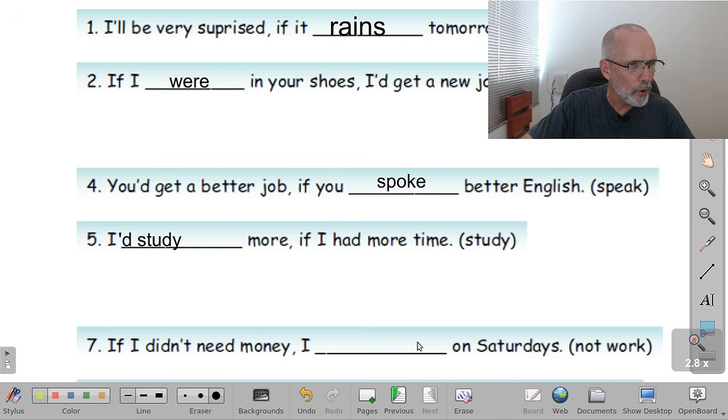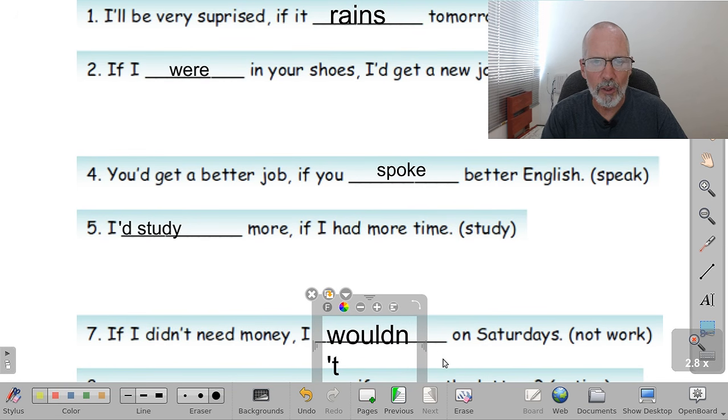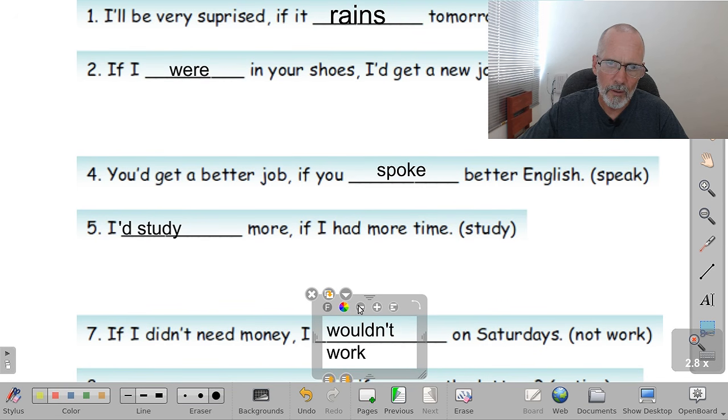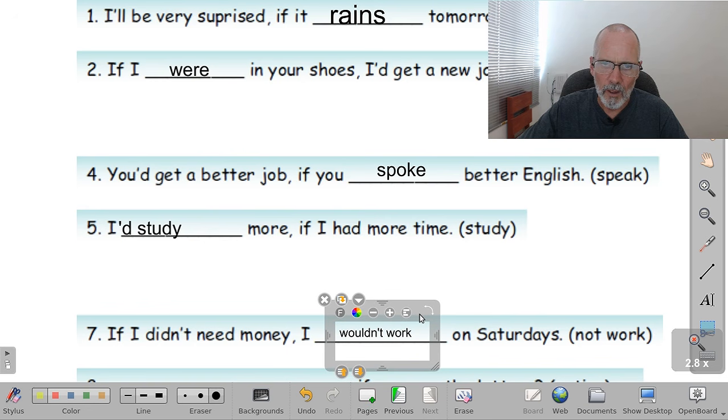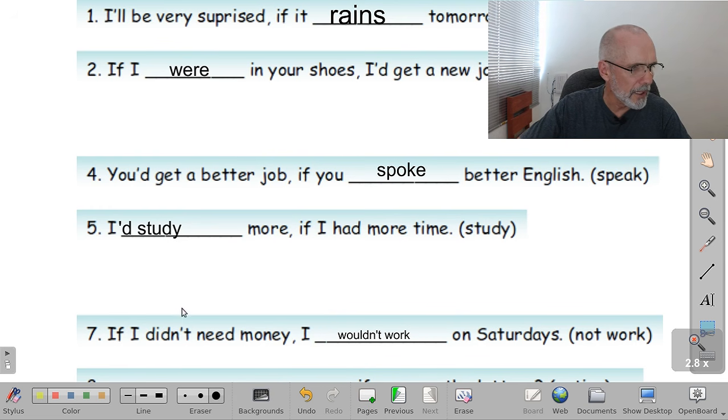Melissa says wouldn't work, which is 100% correct. Very good. I wouldn't, using the contraction too, wouldn't work. I wouldn't work on Saturdays if I didn't need money.